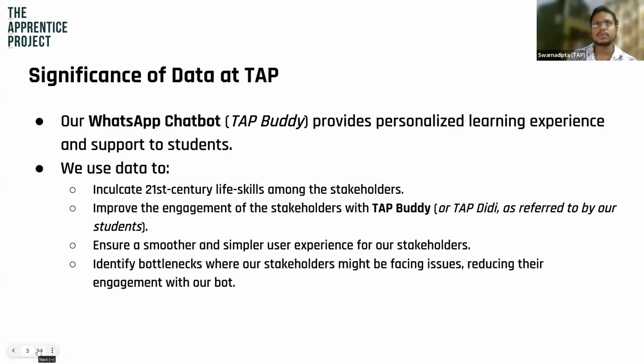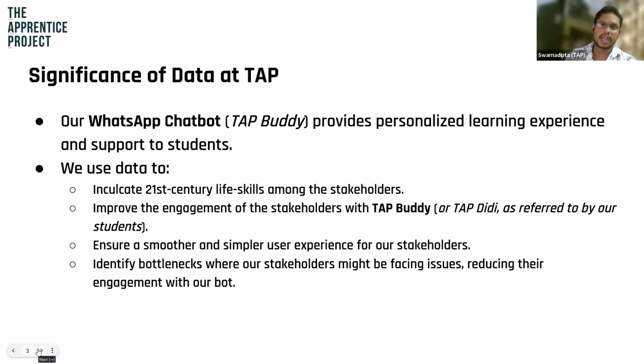We analyze which are the spots where students might be facing difficulties. They might be dropping off, they might not be completing activities. We try to identify these challenges and improve the engagement so that they complete the entire course, basically complete all the activities throughout the duration of the batch.